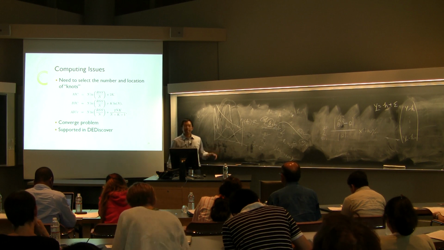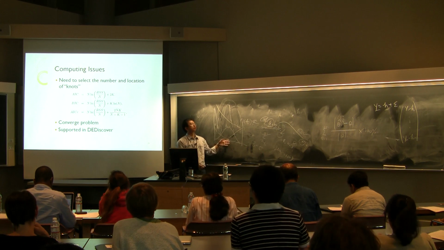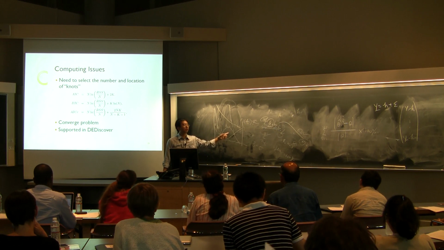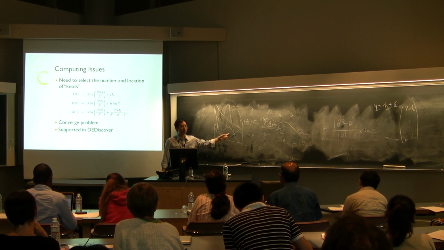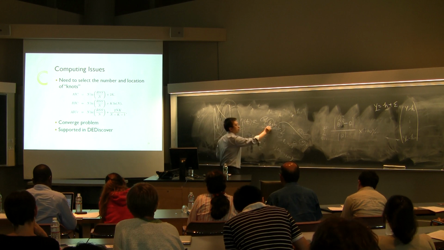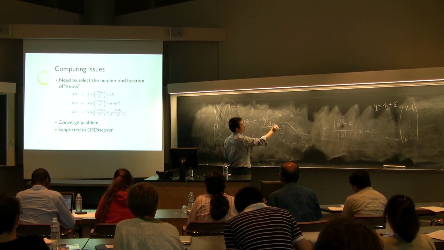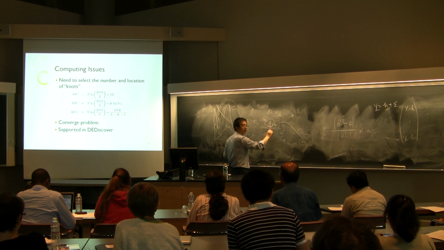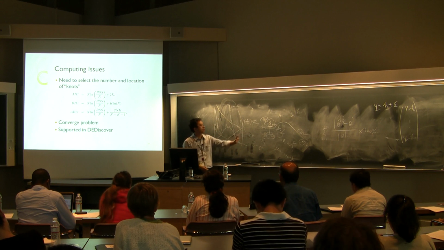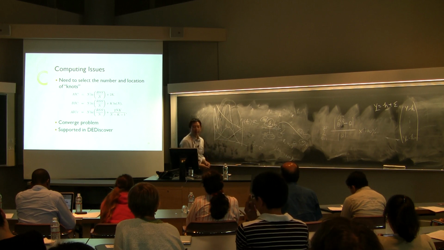You can use AIC, BIC, AICc to select them, because if you use one more basis function, you will have one more unknown parameter. Here I have 3 basis functions, so 3 coefficients. If I use 100 basis functions, you will have 100 parameters. You don't want to use that many parameters, right? You do model selection and select them.